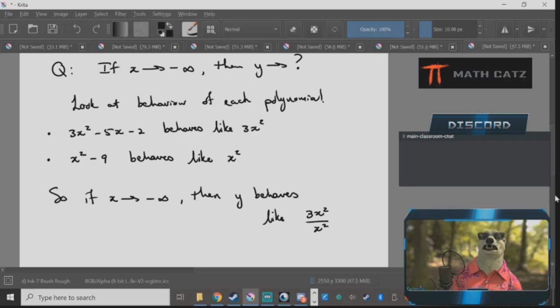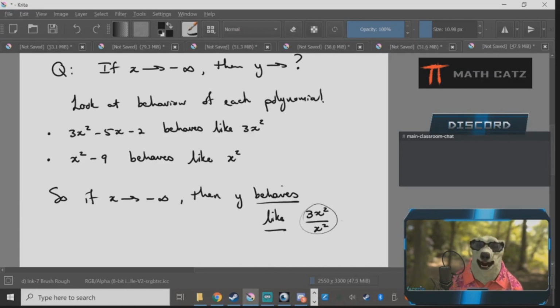I will never say y equals 3x squared over x squared, because it doesn't. It simply wants to become that function. It is heading closer to that function as x gets bigger and bigger in size. Whatever that function does, y wants to do that. It's heading closer and closer towards it, but it's never going to be the same, which is why I'm emphasizing behaves like, not equal.